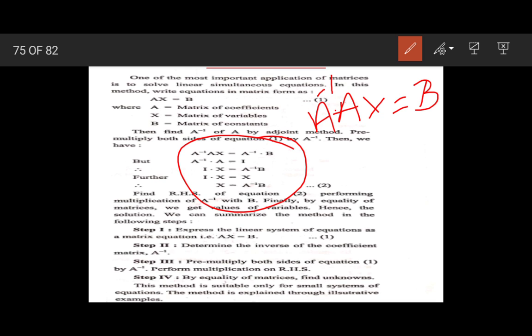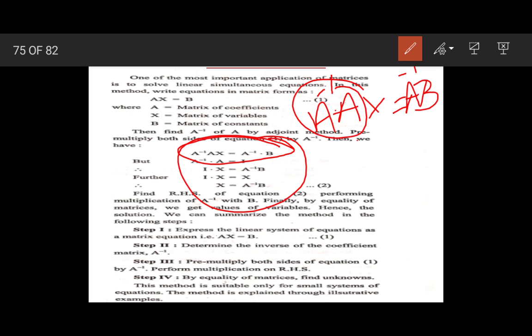So A inverse into AX is equal to A inverse into B. In this first step, we are multiplying both sides by the A inverse matrix. So A inverse A X equal to A inverse B.